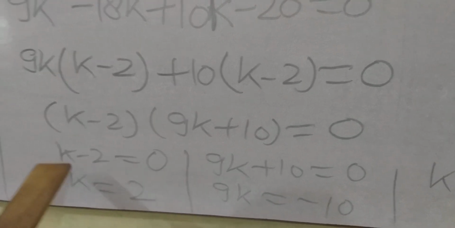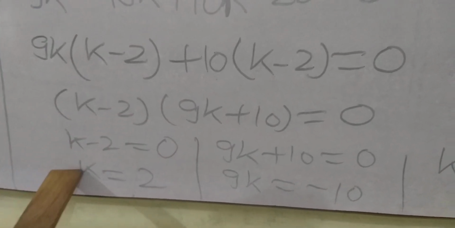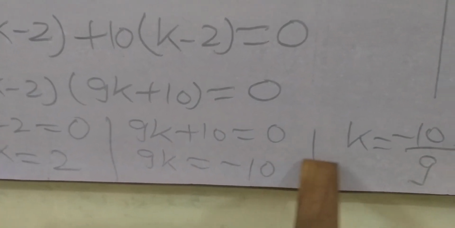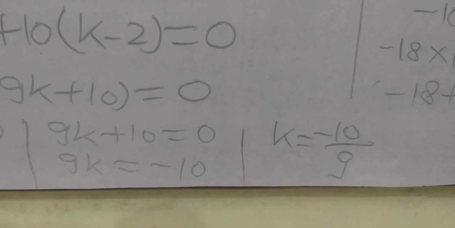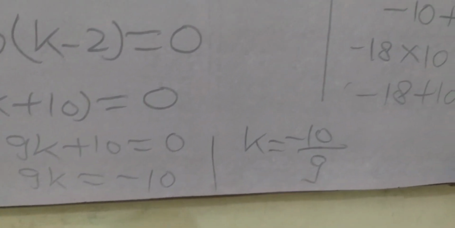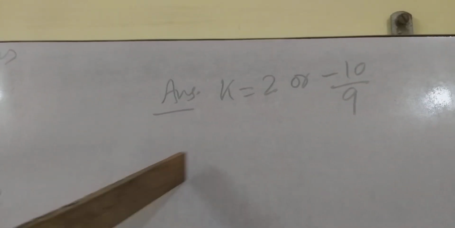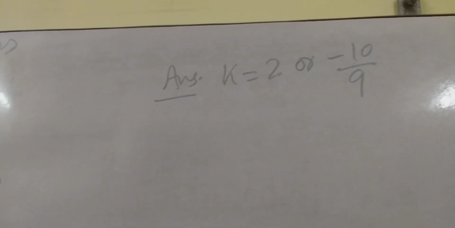What is left here? (9k + 10)(k − 2) = 0. So k − 2 = 0 gives k = 2. 9k + 10 = 0, so 9k = −10, k = −10/9. So students, there are two values of k: 2 or −10/9. We can write the answer k = 2 or −10/9.